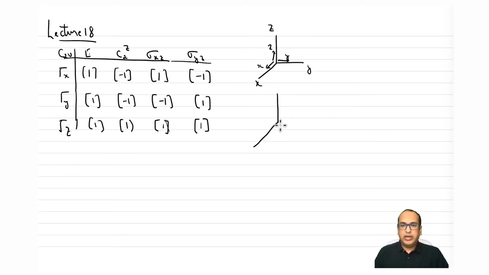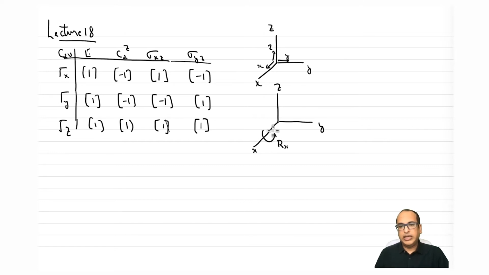Now, as I mentioned in the last lecture, there is also a vector which is called the rotational vector. Rotational vectors are defined as the sense of rotation about the x-axis and is represented by Rx.